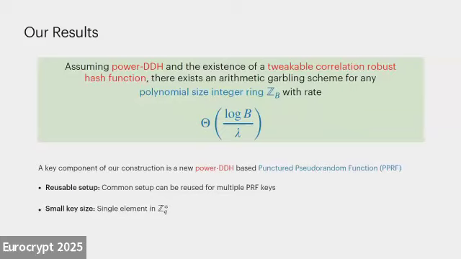And the fact that the PRF key is small is one of the factors that lends us the improved rate. It has also a few other properties which make it very good for garbling, which I'll get to later. So in the time that I have left, I'll go over the details of our garbling scheme.